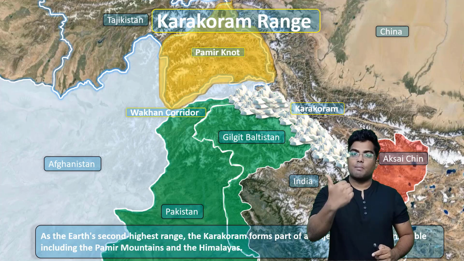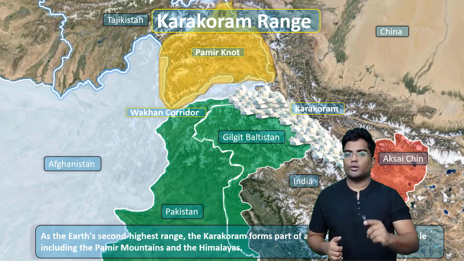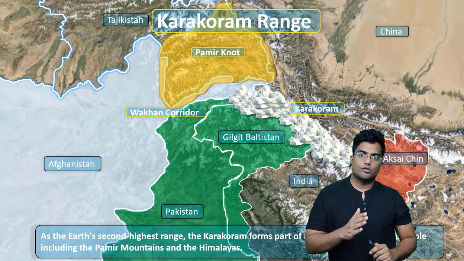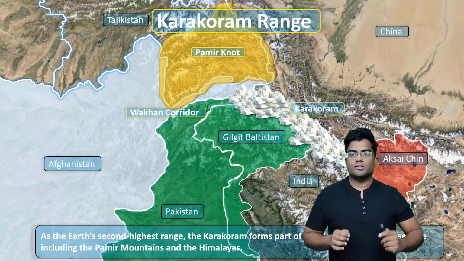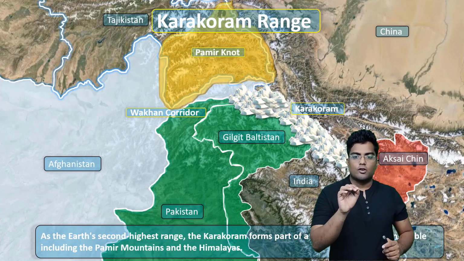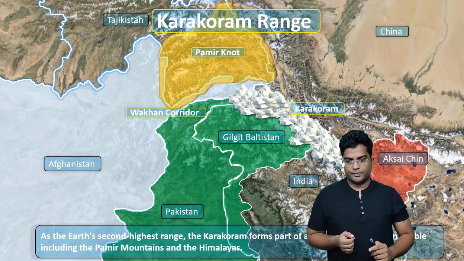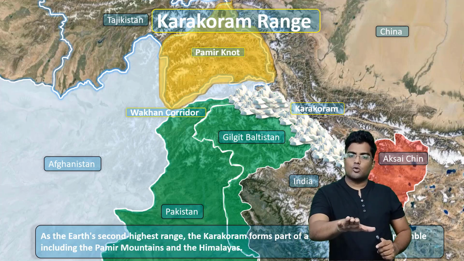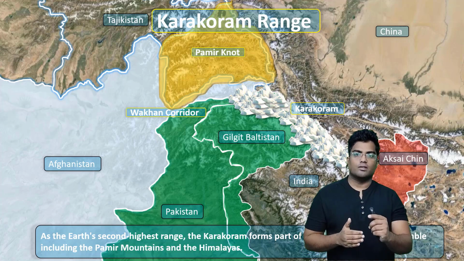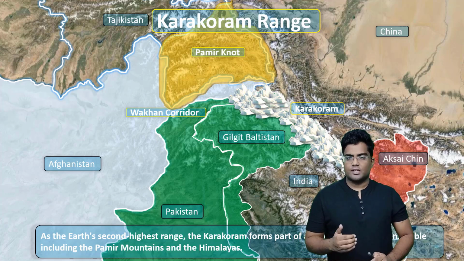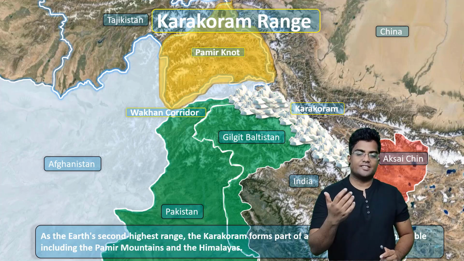If you remember, the Pamir Knot was the place where the Tian Shan mountains, the Kunlun mountains, the Himalayas, the Hindu Kush mountains, and many other small mountains converge. The Pamir Knot is located in Tajikistan and Afghanistan. As you can see, the Karakoram range is going to converge into the Pamir Knot. That's a very important fact that you have to know, right?